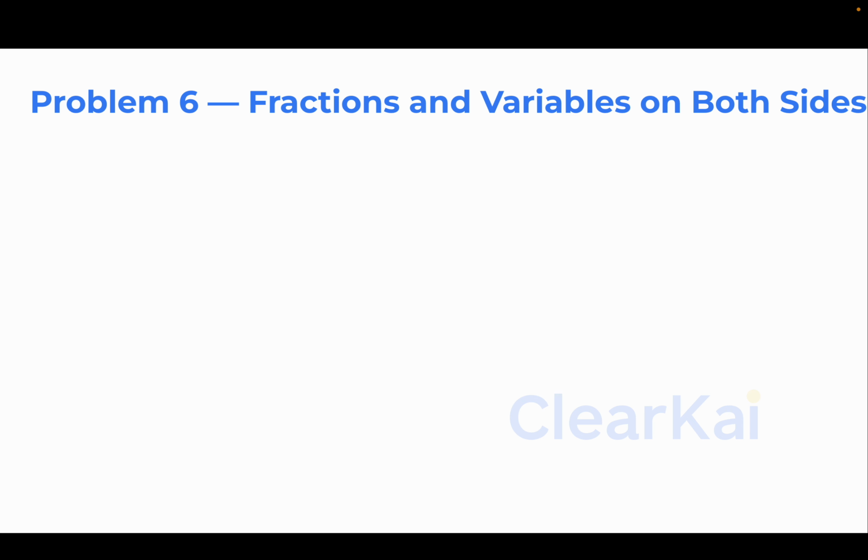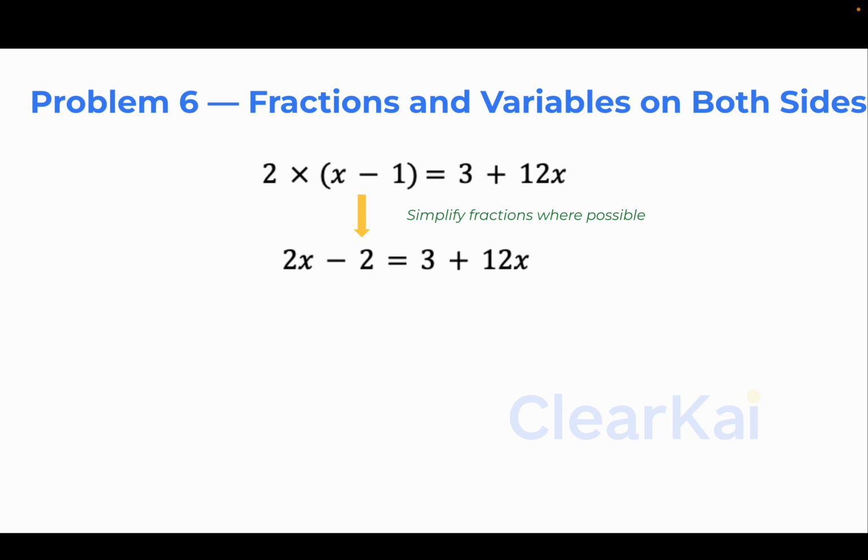Now let's finish problem 6 step by step. We start with 2 times (x minus 1) equals 3 plus 12x. First, distribute the 2 on the left side. That gives us 2x minus 2 equals 3 plus 12x.